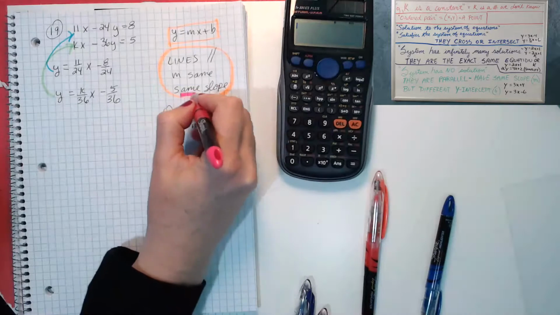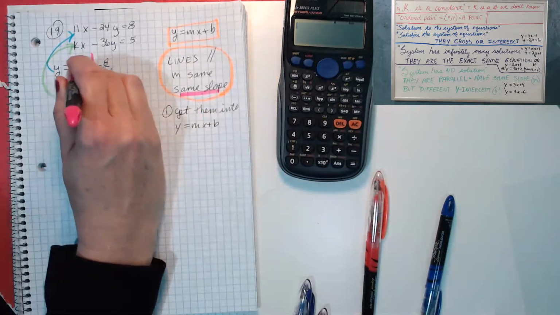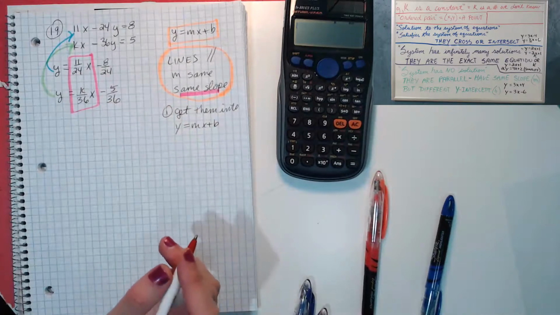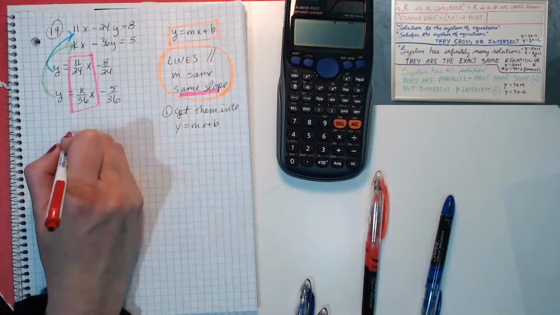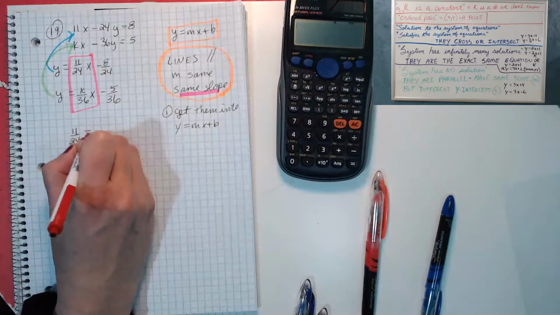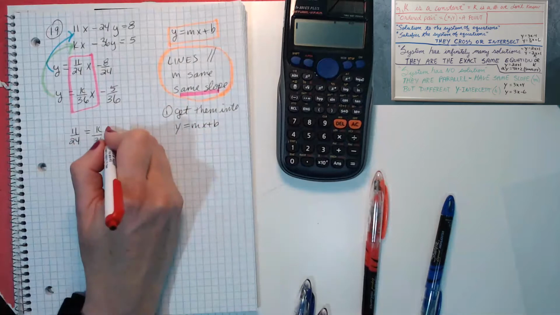If the slopes are the same, that means these terms have to be the same. So that means 11 over 24 should equal k over 36.